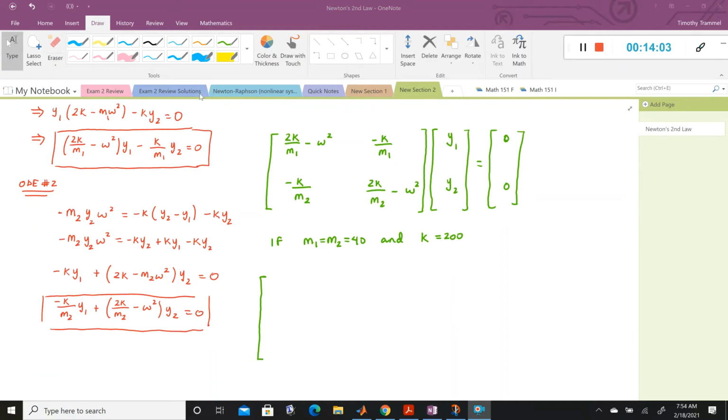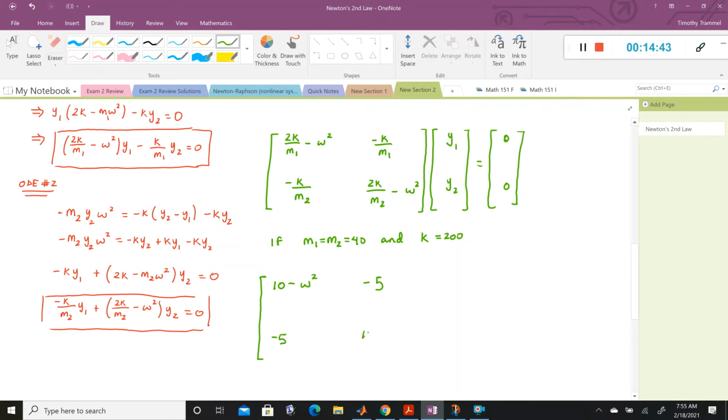Well, if we were to plug in K, it would be 200 times 2 in the numerator here. So we'd have 400 over 40. So that'd just be 10. Let's go ahead and write that down. So we'd have 10 minus omega squared, and if we had minus 200 over 40, what's that going to give us? It's going to give us a minus 5 here. And we'll also get a minus 5 down here.